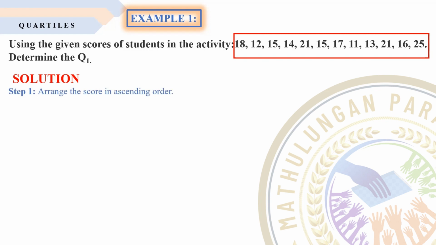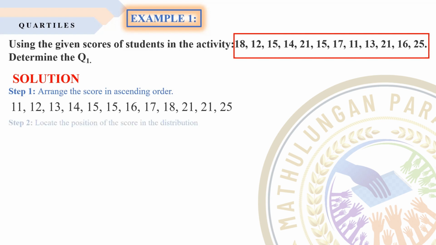Using the data 18, 12, 15, 14, 21, 15, 17, 11, 13, 21, 16, and 25, kailangan natin itong ayusin according to its degree, which is ascending order. Ibig sabihin, magsisimula tayo sa pinakamababa, pataas ang pataas yung value. So from that data, ang kanyang magiging arrangement ay 11, 12, 13, 14, 15, 15, 16, 17, 18, 21, 21, and 25.